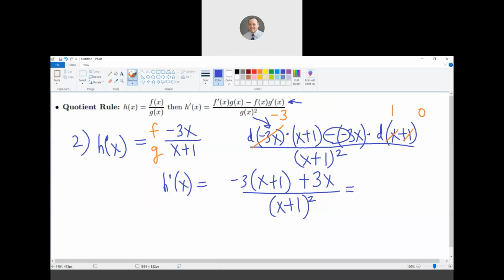And for this problem, we can go a little bit further. The algebra is pretty easy. By distributing the negative 3, that would give us negative 3x minus 3 plus 3x all over your denominator squared.